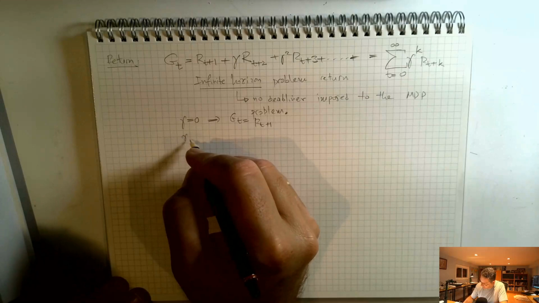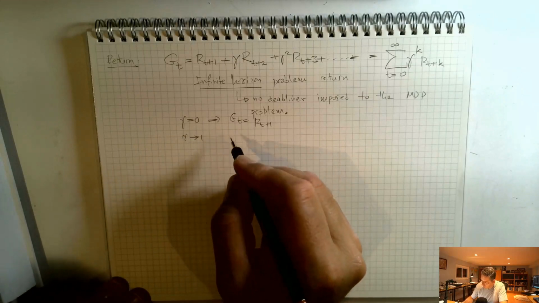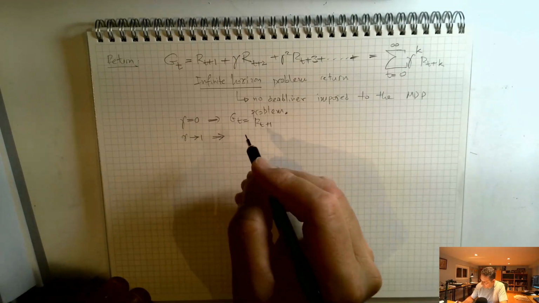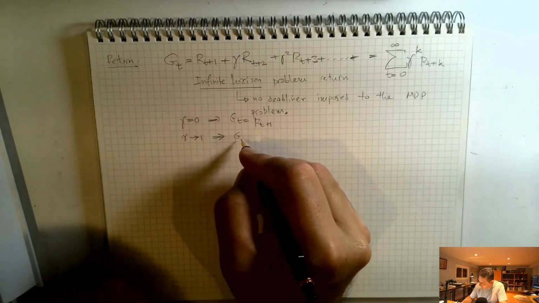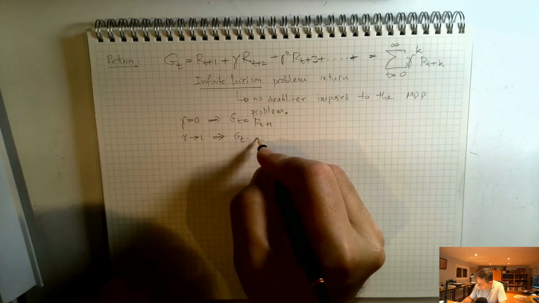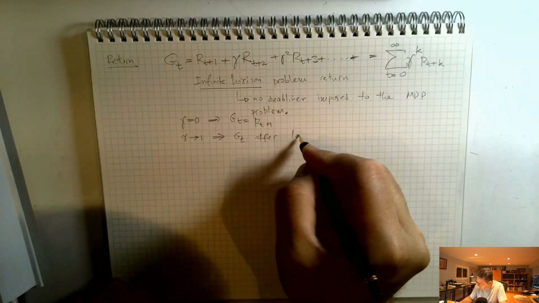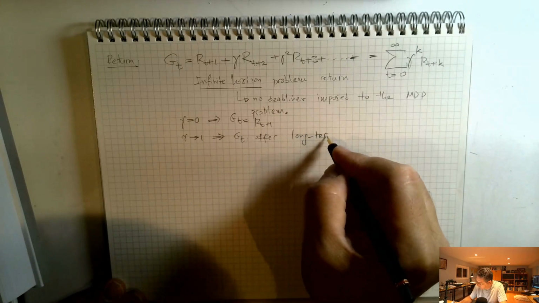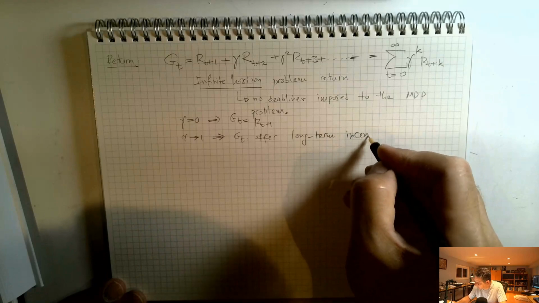When gamma is very close to 1, G_t offers a long-term incentive to the agent.